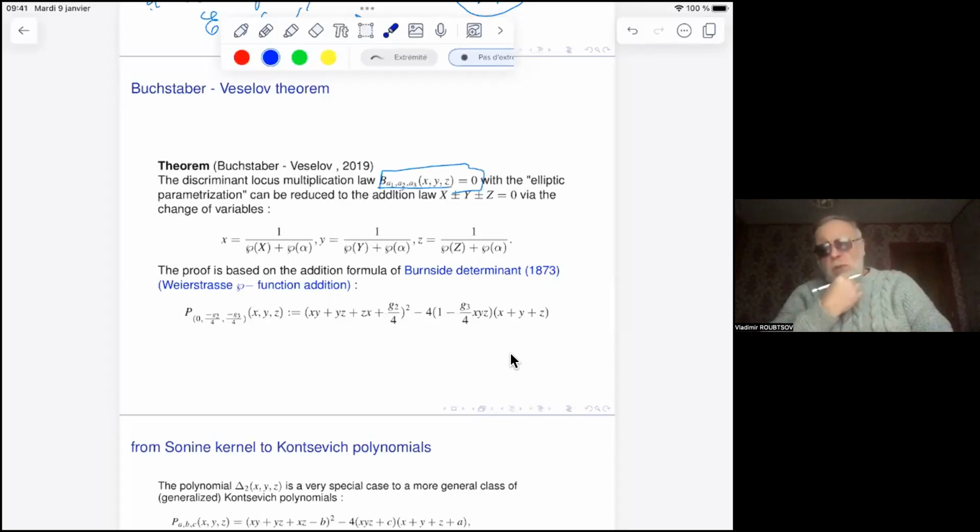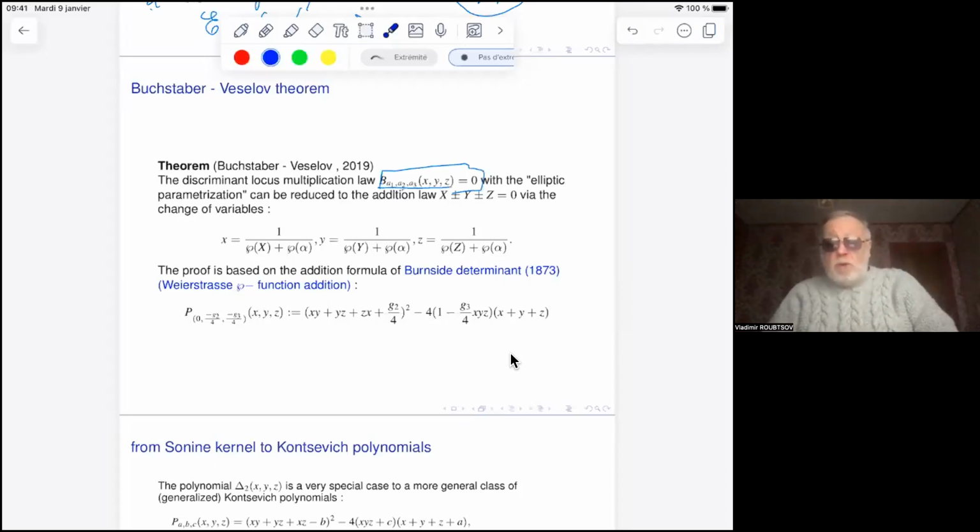Of course, with an elliptic curve there are many forms of addition law if you have different uniformizations of your elliptic curve. The uniformization with the P function is more natural, because Buchstaber proved this theorem about the link of his parameters A1, A2, A3 with the P function.